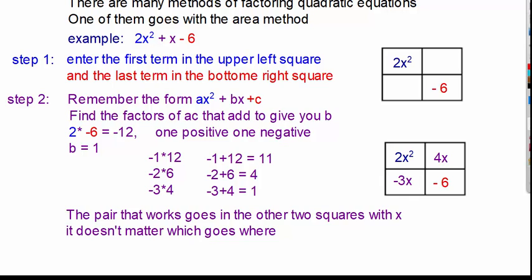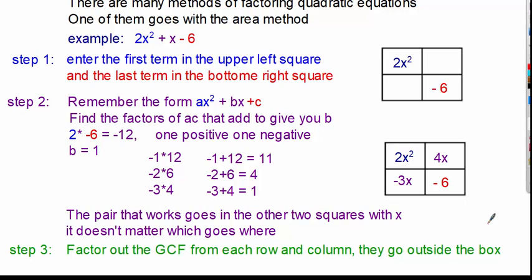Once I have the square set up, what I do is factor out a greatest common factor by row and by column. So if I take a look at the columns first, in this column here, the only thing that I have in common is an x.